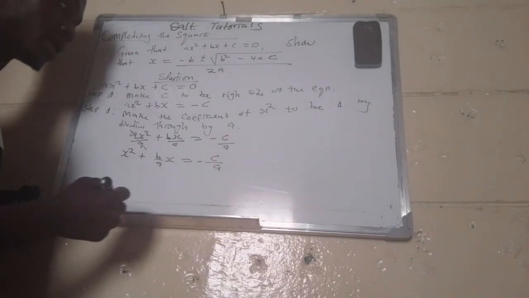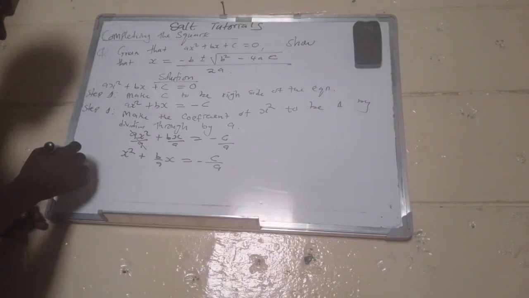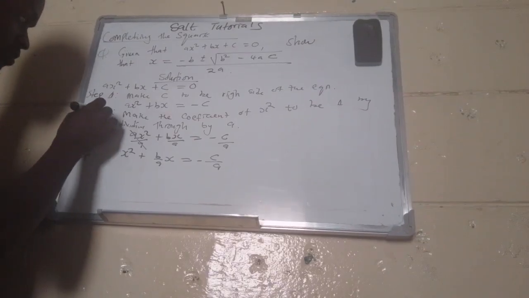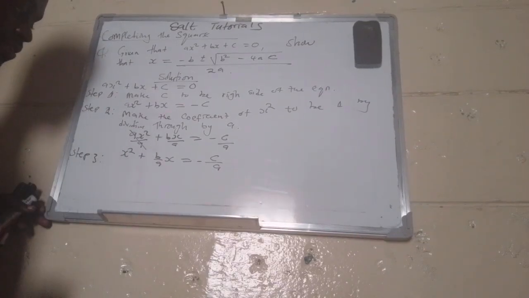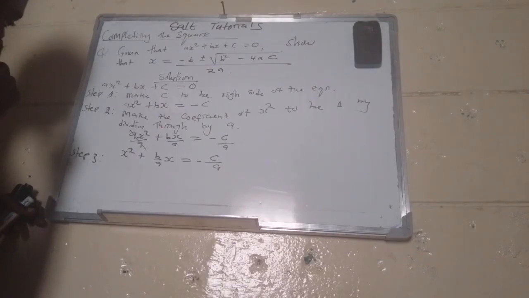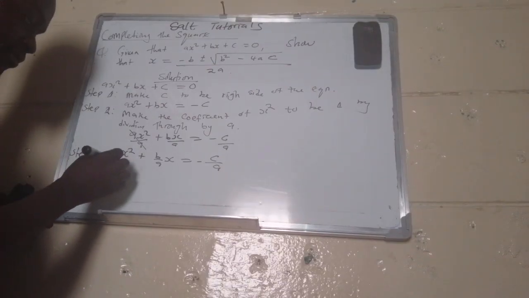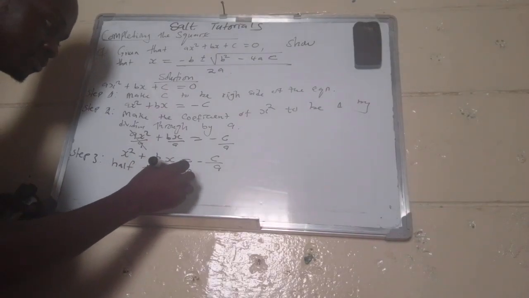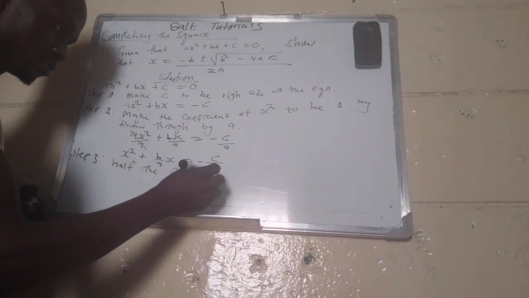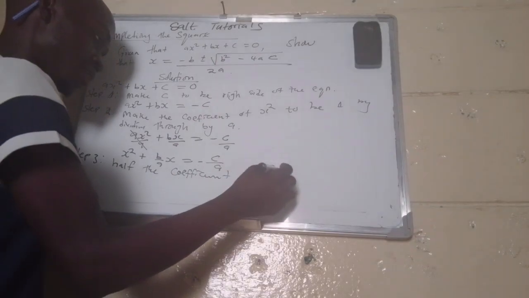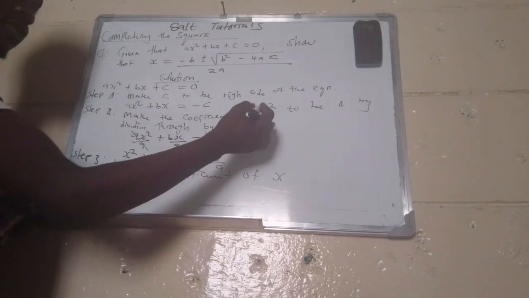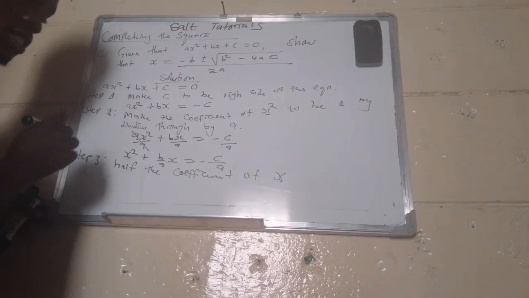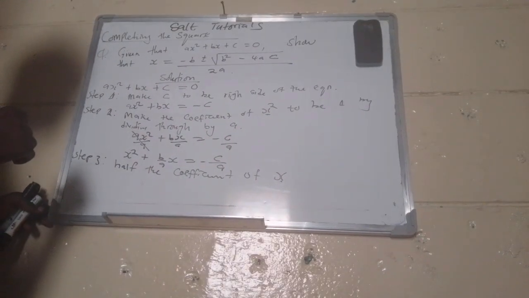The third step is, we're going to simply say, half the coefficient of x. Now, in the second step, we were talking about the coefficient of x squared, but this time around, we're talking about the coefficient of what? X. Half the coefficient of x.